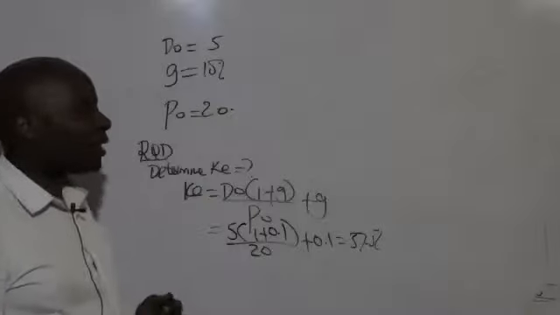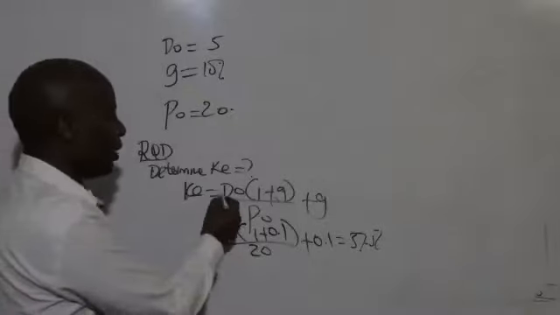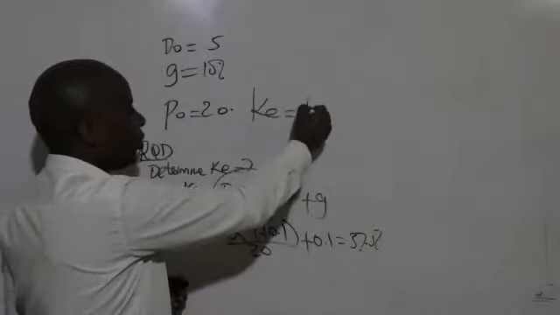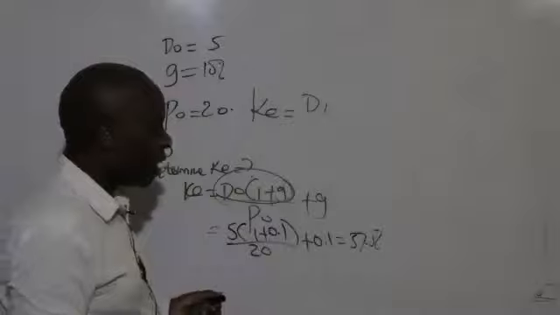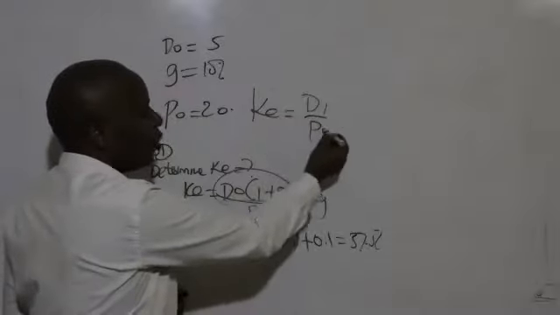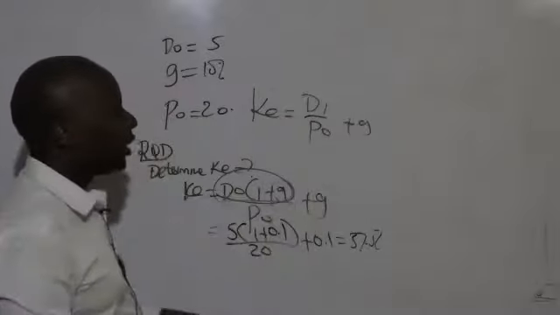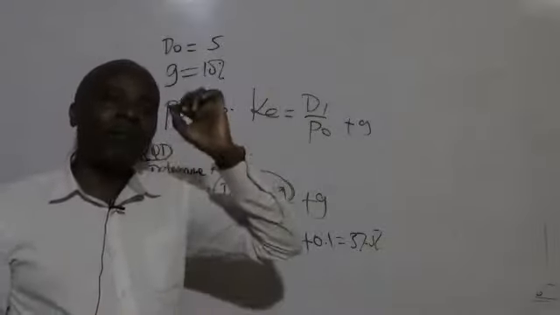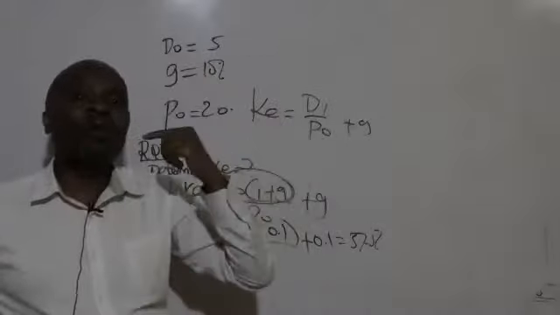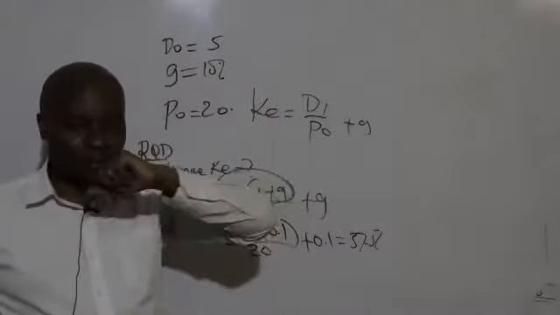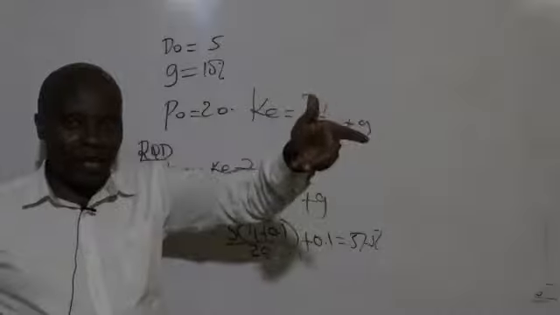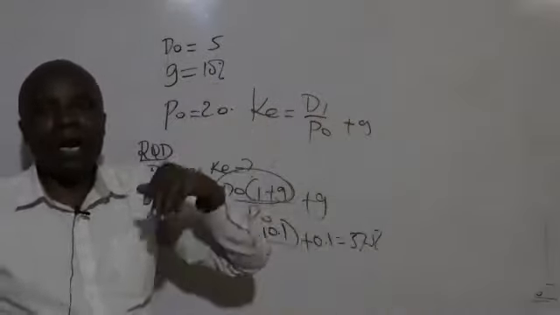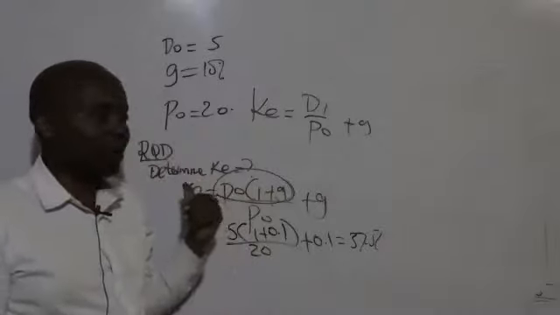You'll get some literature saying that the cost of equity equals D1 all over P0, plus g. So cost of equity will be equal to the dividend we are yet to receive, which we'll be receiving at the end of the year, the expected dividend, divided by our original investment.